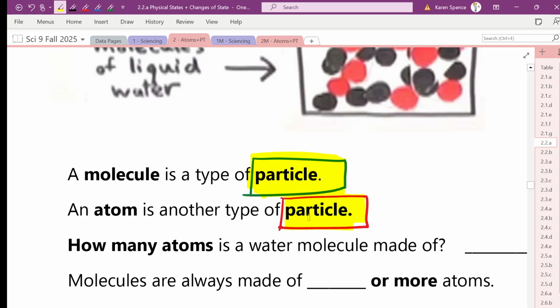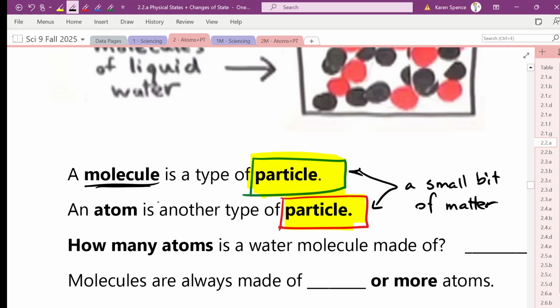A particle is basically just a small bit of matter. We'll get more specific in Unit 3, okay? But molecules are particles and atoms are particles.